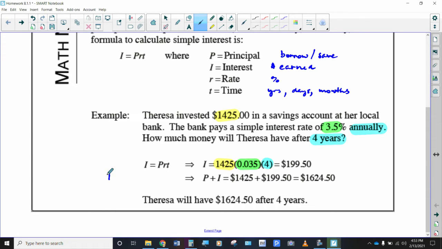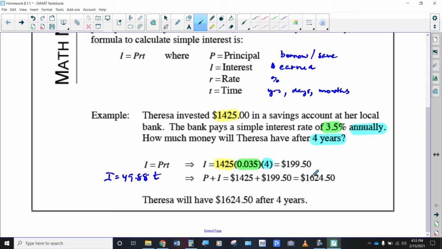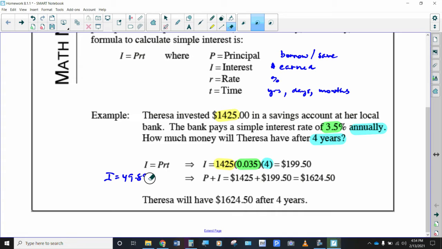So I is going to be $49.88 for every year. But now that I've rounded it up, it's going to affect the overall balance a little bit. So I should probably just leave it like this so that it doesn't affect the overall balance because of my rounding, even though that's like 87.5 cents.